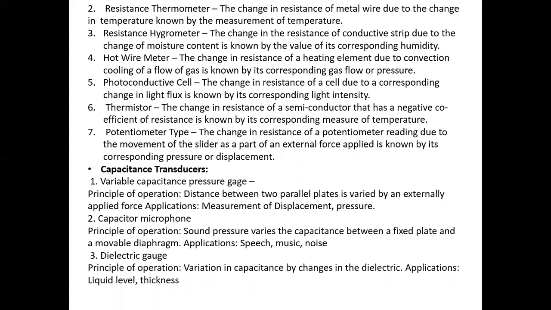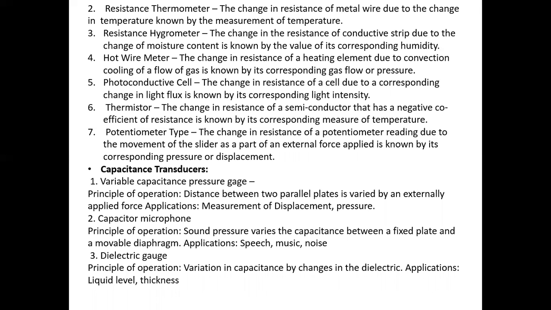Next is the resistance hygrometer. The change in resistance of a conductive strip due to the change of moisture content gives the corresponding humidity, in the form of change in resistance.